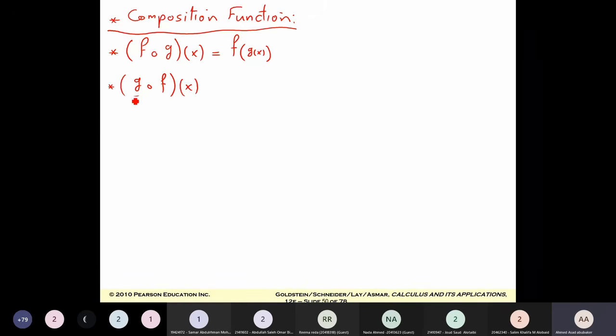This is the main function, and we need to substitute f inside g. So we have g for f of x. Also, we can substitute f inside f or g inside g, like f composite f. This means we need to substitute f of x inside the function f.